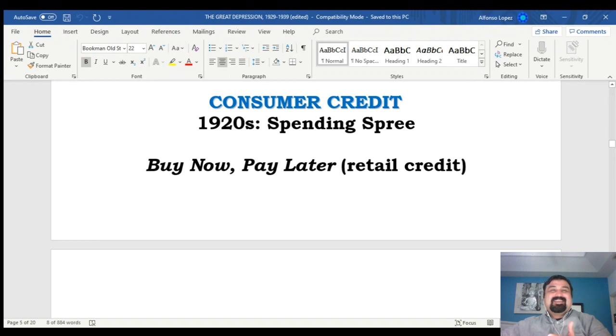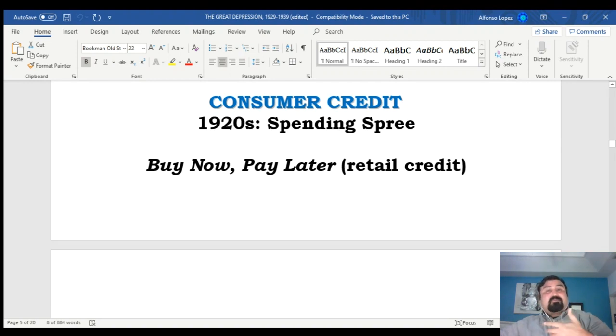If you wanted to buy a certain product but did not have all the money to buy it, well, there are going to be new financial institutions that are going to offer the opportunity for you to be given a loan, to be given some money on credit, so you can purchase whatever you needed, whether it was a house or an automobile, or let's say a refrigerator, a washing machine, and the like, and even to take a vacation as well. Okay, why not?